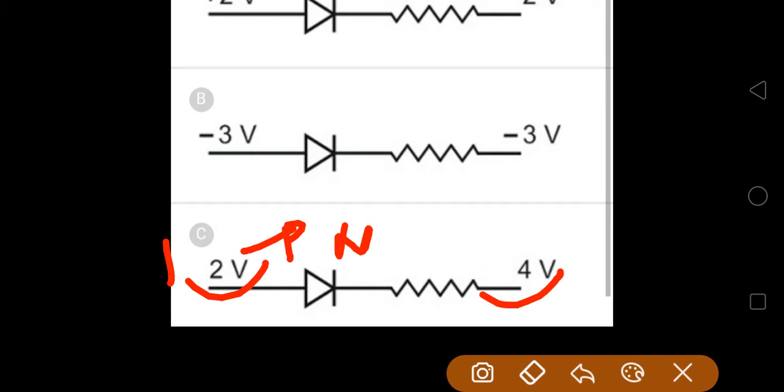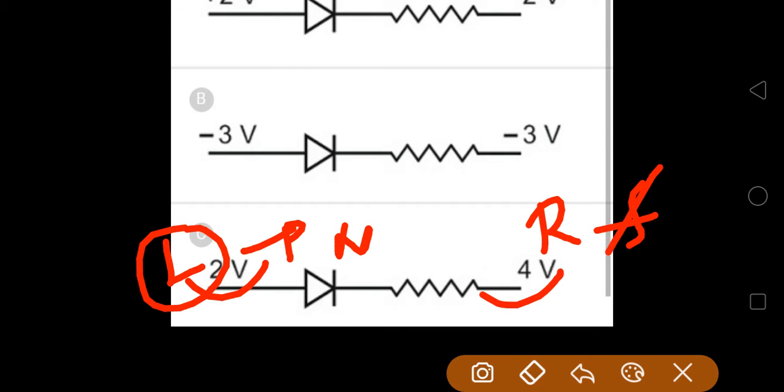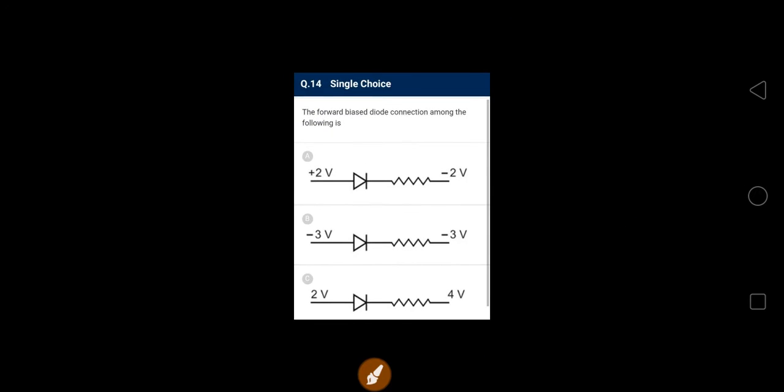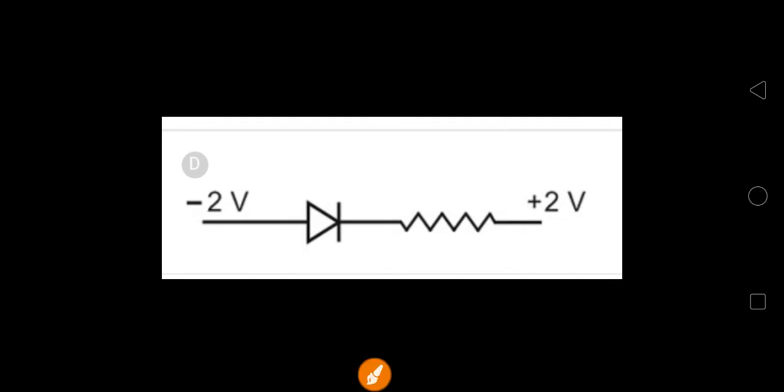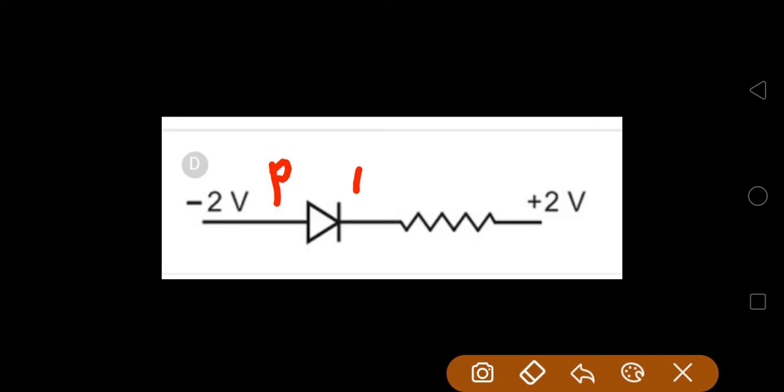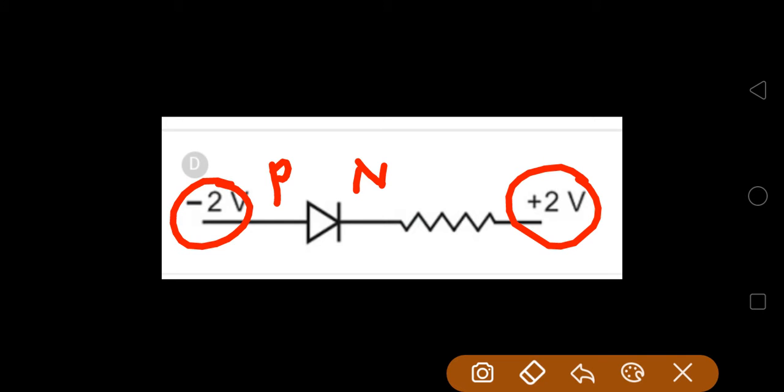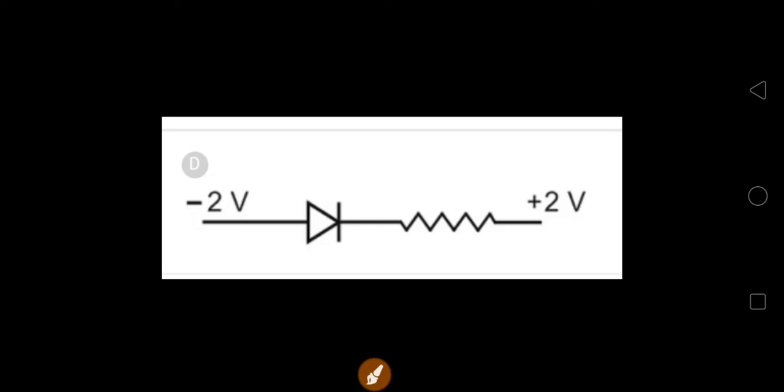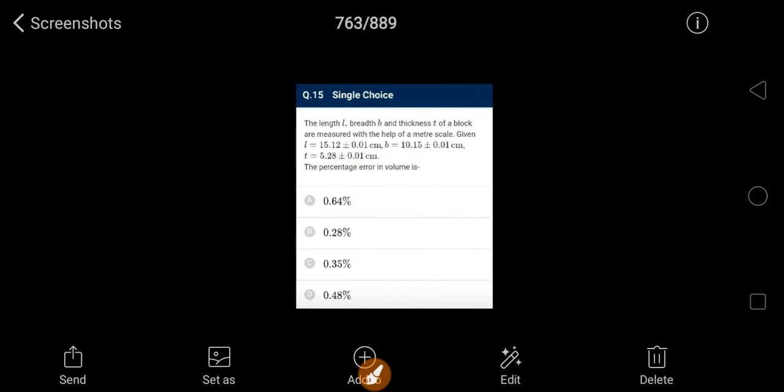P is connected to the low potential, therefore it is reverse biased and not forward biased. Check option D. This is P and this is N. It is low potential compared to plus 2. So it is also reverse biased and not forward biased. Right.